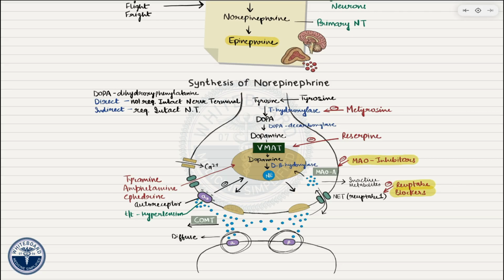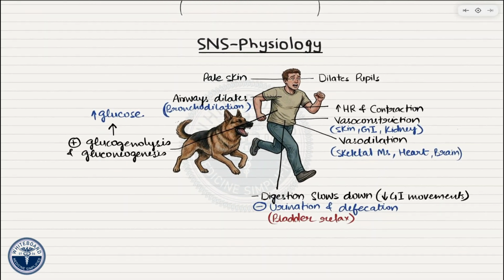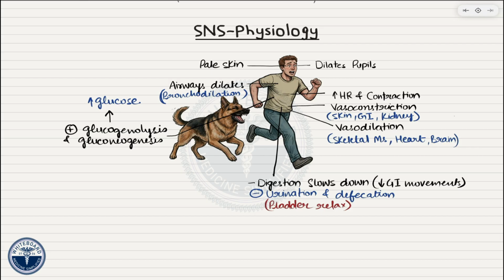However, before we start discussing each adrenergic receptor and its physiological effects in detail, I want you to keep this picture in mind. This represents a classic fight or flight situation and helps us visualize the various effects produced by activation of the sympathetic nervous system. In fact, we already discussed this in the introductory lecture on the autonomic nervous system.